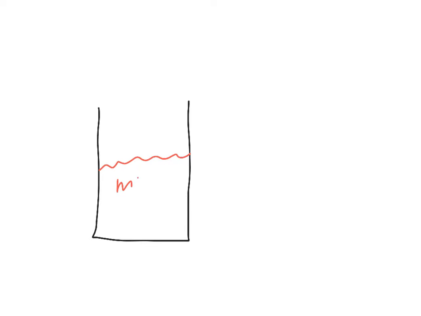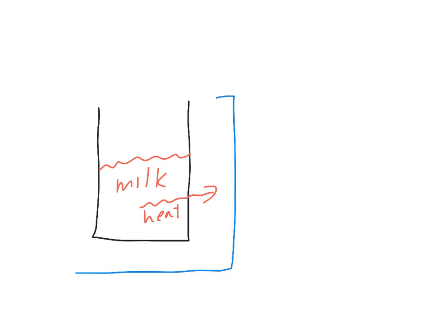We have a bunch of milk in a container, and we somehow need to get heat to leave the container. We have to get that heat to leave the milk. In other words, in order to cool something, we have to get it to remove some of its heat. So we have to do one of two things.